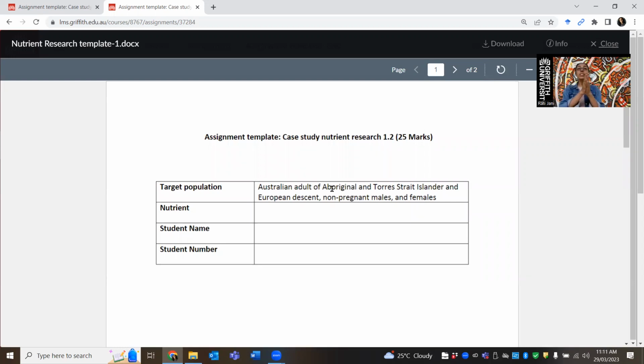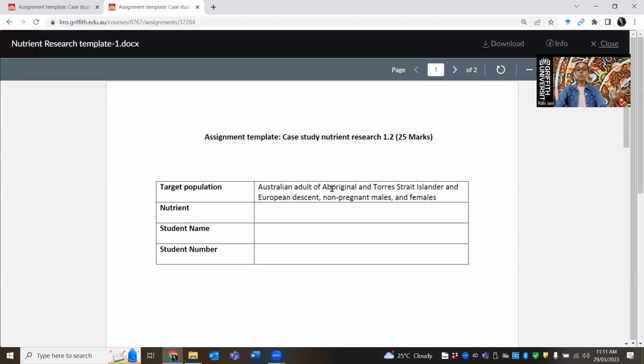So you may say, hang on, there are, just hypothetically speaking, NRVs designed for the general Australians and for the Aboriginal and Torres Strait community members. Or maybe there's a biochemical indicator which is designed specifically for these two populations, or otherwise you may say there is no information on the Aboriginal and Torres Strait Islander community members. We just have general NRVs, we just have general biochemical indices. That's completely fine. But if you have something very, very unique and specific to the First Nations people, please include that.